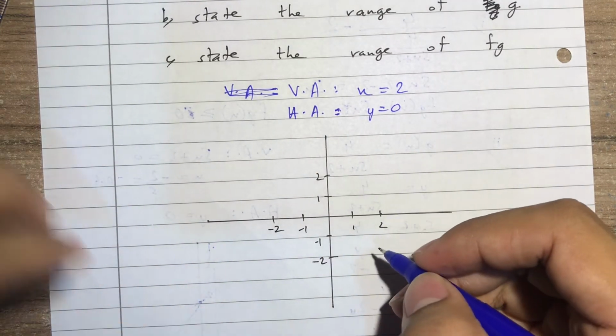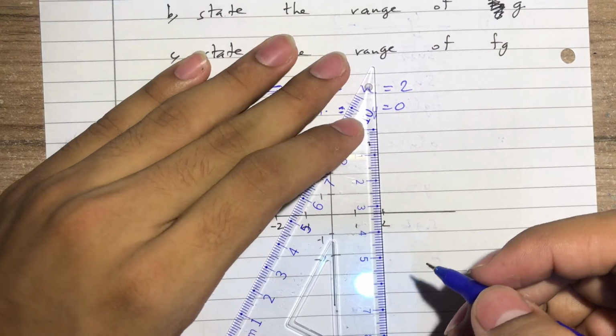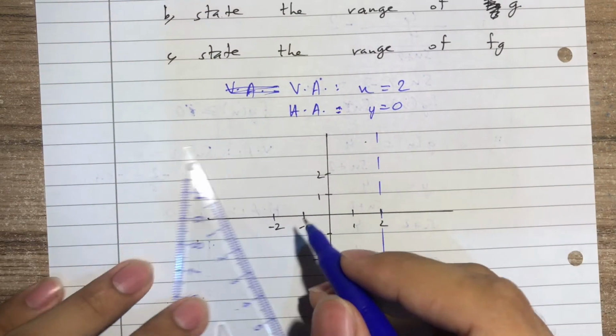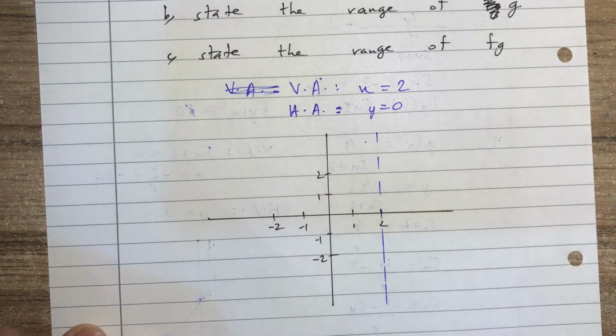So x equals 2 is the vertical asymptote, right, and the x-axis is the horizontal asymptote.